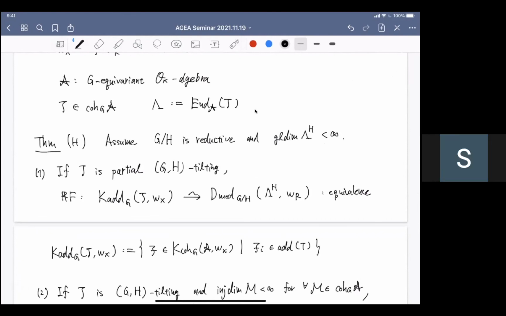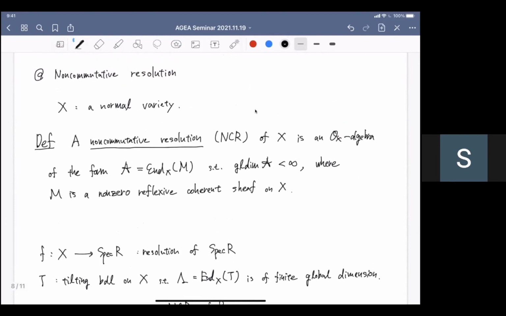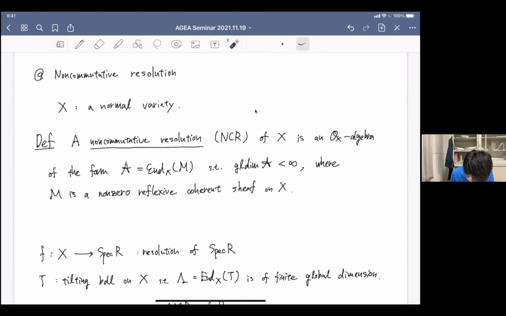I have one more question. From the definition of the non-commutative resolution, is the non-commutativity of A naturally implied by the conditions? Yes.